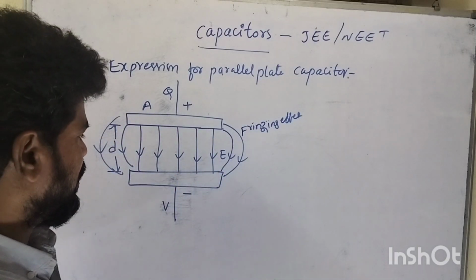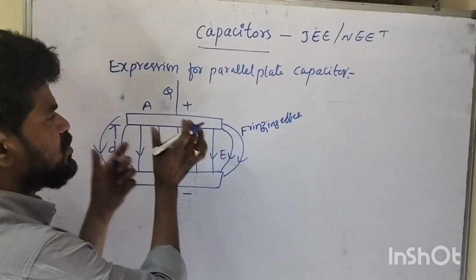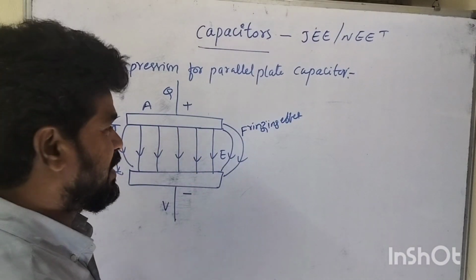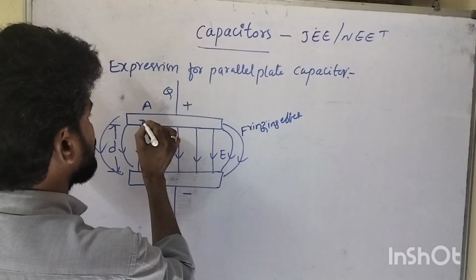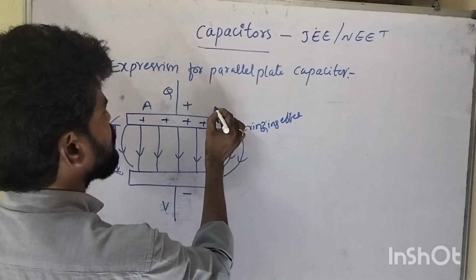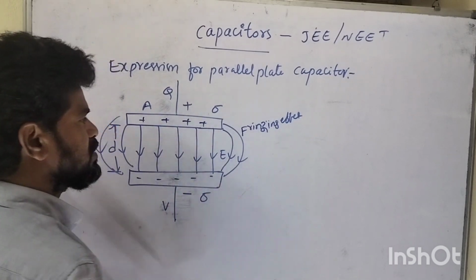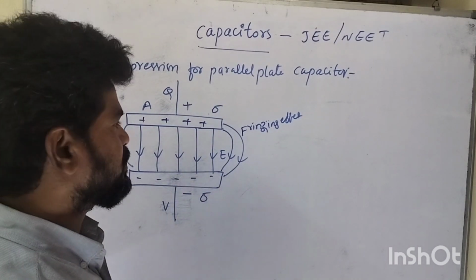Each plate has some surface charge density. The positive plate has surface charge density, and the negative plate also has some surface charge density.